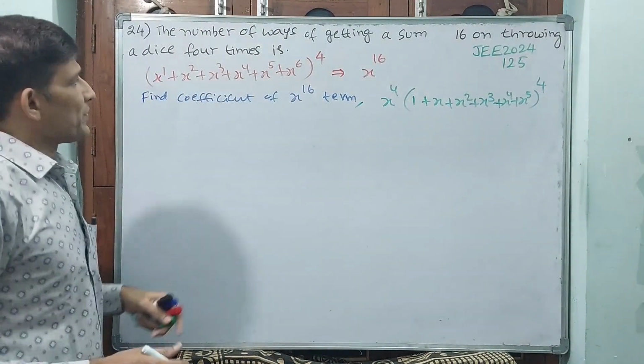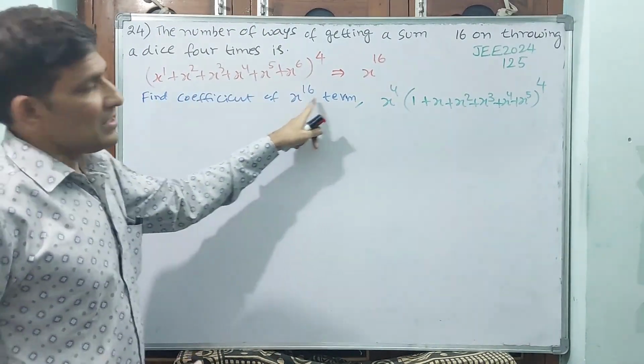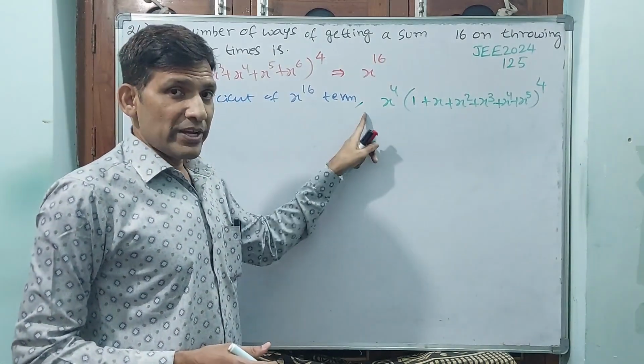Now you tell me, you require x to the power of 16, but x to the power of 4 we have already taken out.